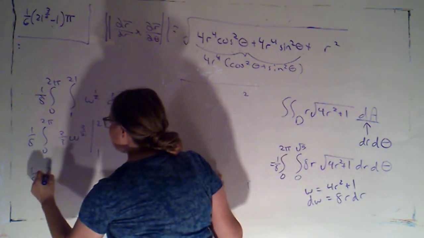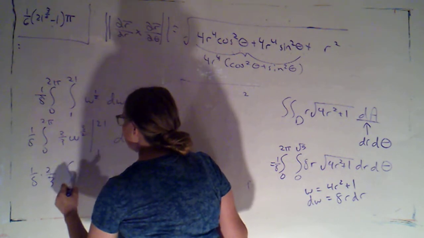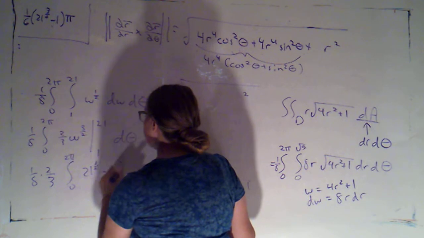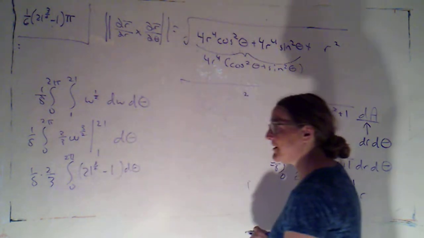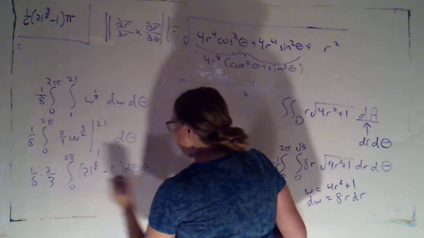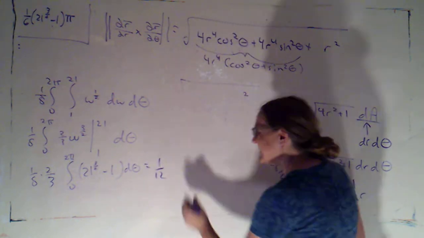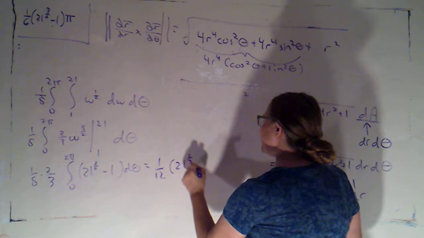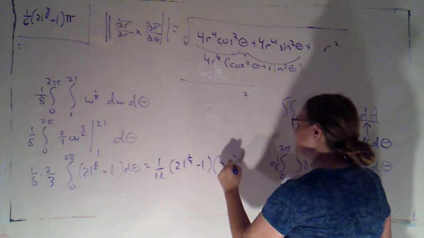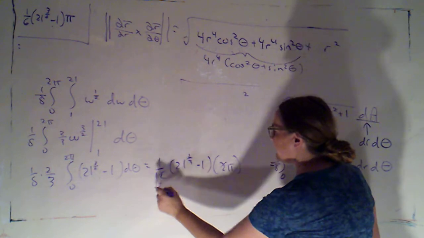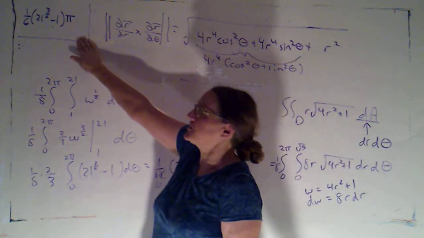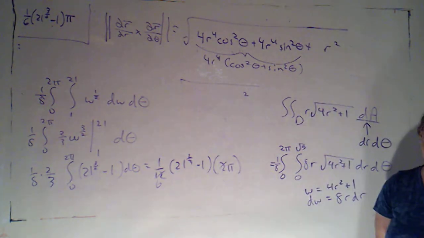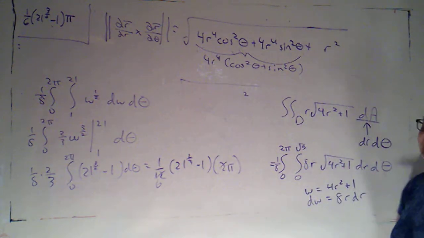That was 1/8 times 2/3 integral from 0 to 2 pi, 21 to the 3/2 minus 1, d theta. And that gave us 1/12 of 21 to the 3/2 minus 1 times 2 pi. And then we just canceled a factor of 2, and this was our final answer. I went through that last bit really quickly because we had just done it. It was exactly the same problem.